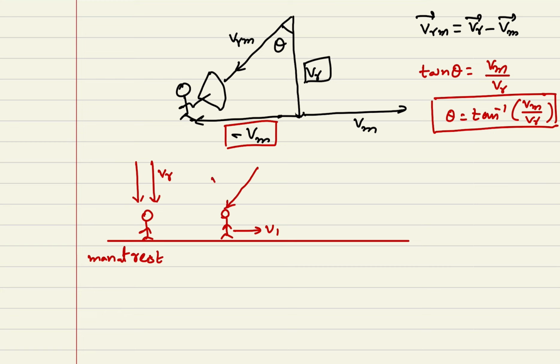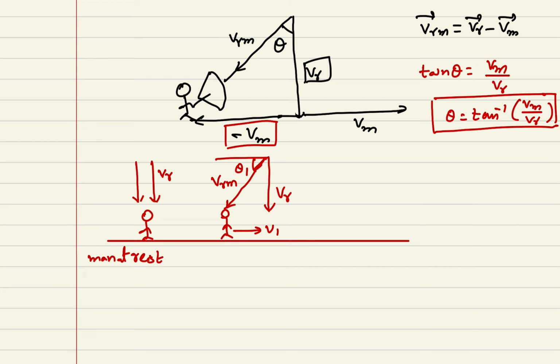with V1 speed. He observes that the rain with respect to the man is falling like this. Let us consider that it is making angle theta 1. Still the velocity of rain will be downward only. Why? Because the velocity of rain is not affected by the person.